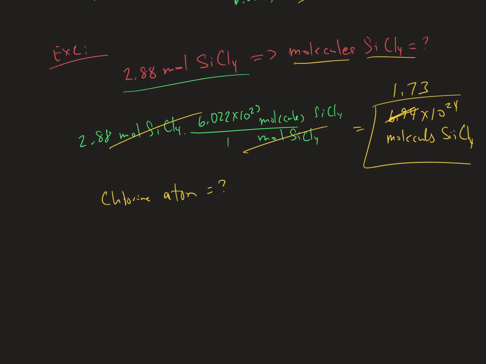All right. So we know we have 1.73 times 10 to the 24 molecules of SiCl4, right? I don't want to know how many molecules. I want to know how many chlorine atoms I have, right? If I have one molecule, why do I put molecules on bottom? So it cancels out. How many chlorine atoms do I have if I have one molecule of silicon tetrachloride? 4.